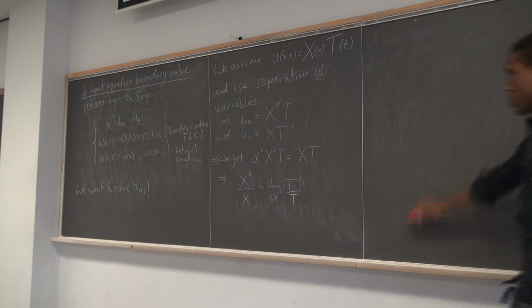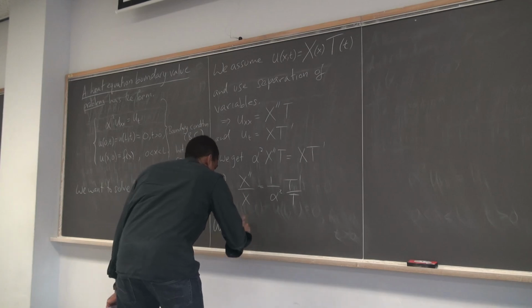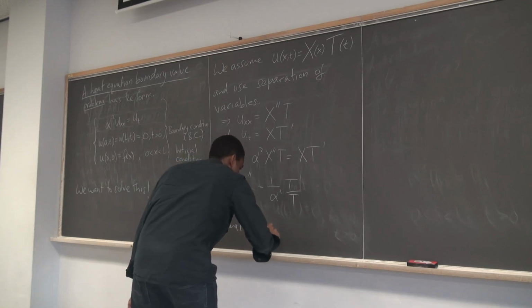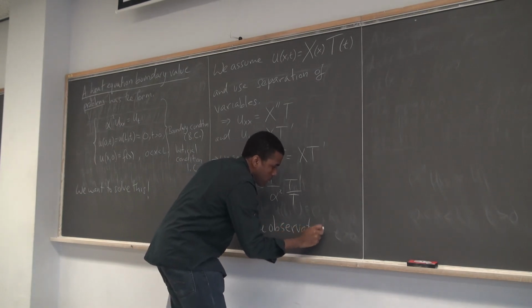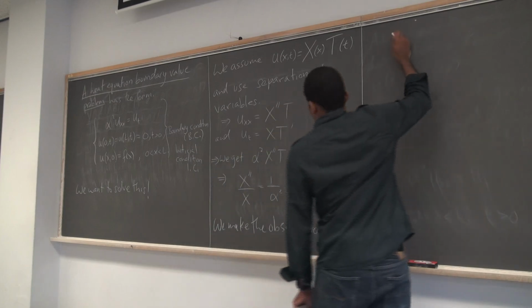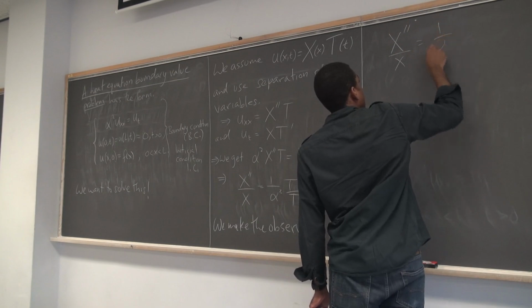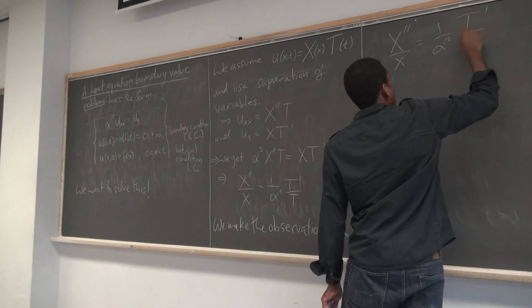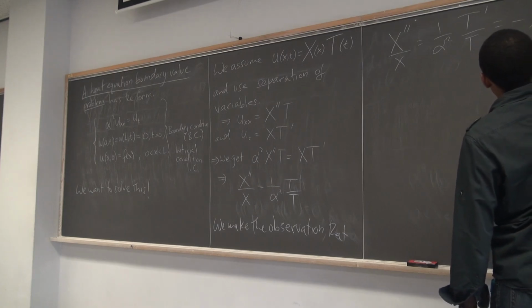Now here we make an important observation. This guy, X double prime over X equals 1 over alpha squared T prime over T, must be equal to some constant.